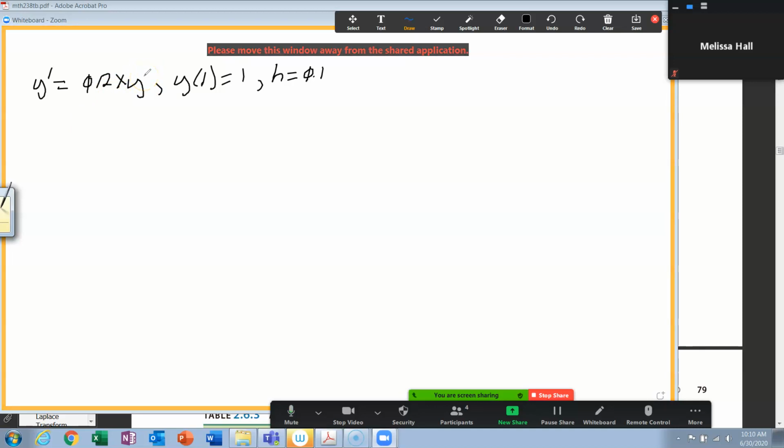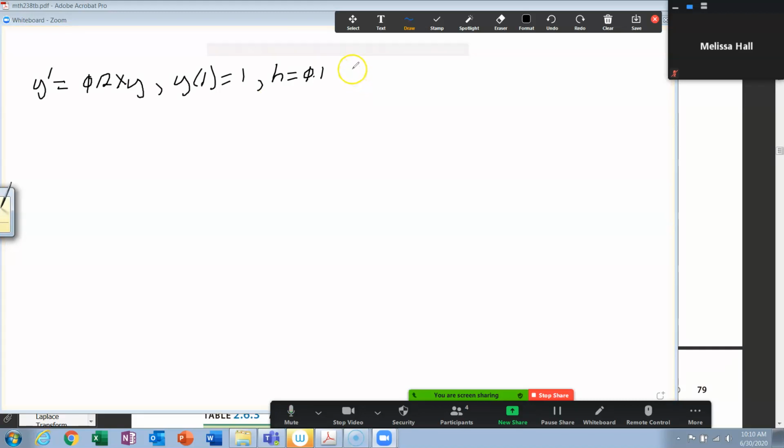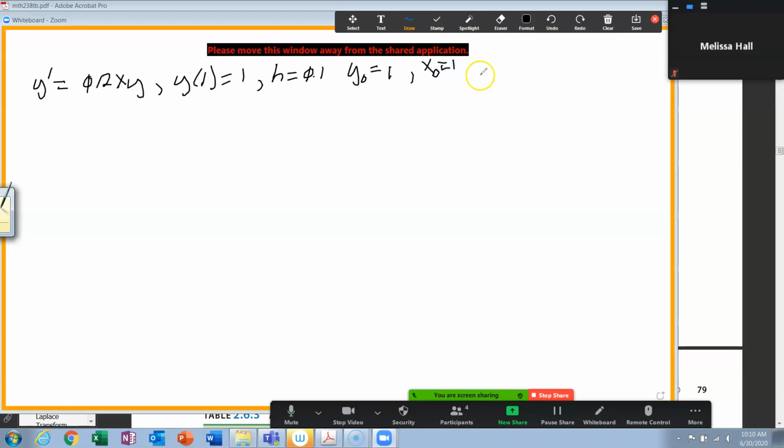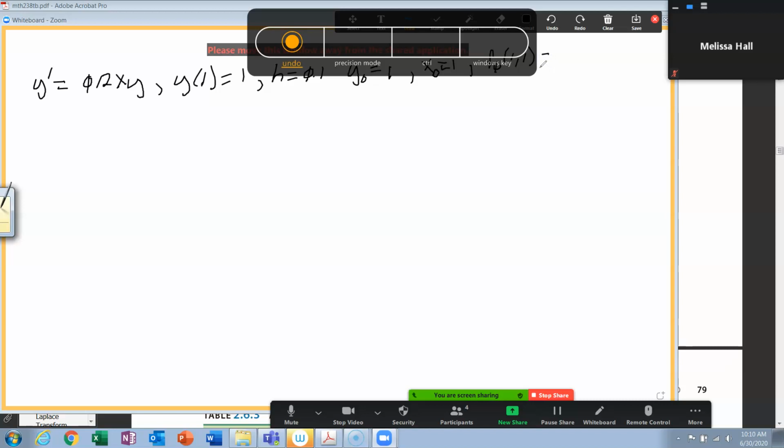Now, your y sub 0 is equal to 1, your x sub 0 is equal to 1, and what I've been calling f sub 0 would then be f of 1 comma 1.